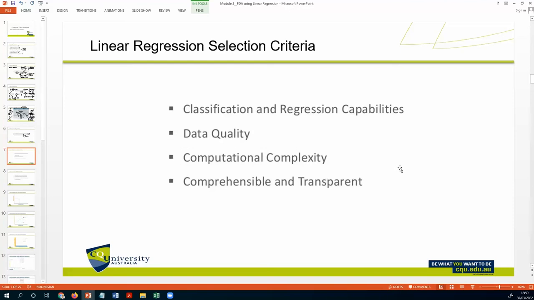And then on the linear regression selection criteria, there are classification and regression capabilities. So you have to check on the data.